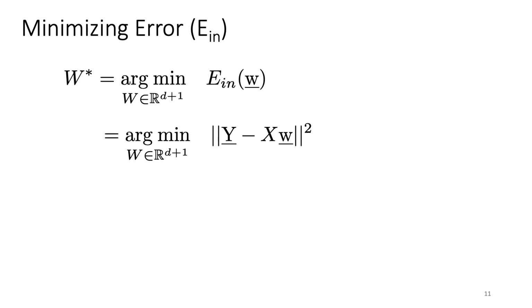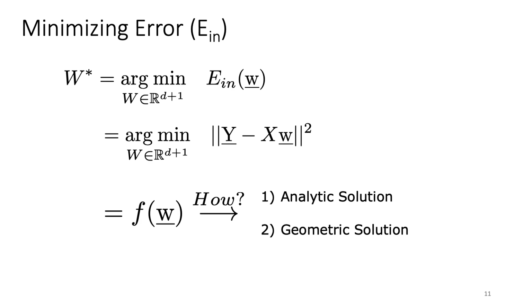So we need to find a W star that has the minimized E of n. And that's equal in vector space to finding the norm of that vector, y minus xw, right? So let's call that output f of w, right? And then we're going to talk about two different methods to find that f of w, right?